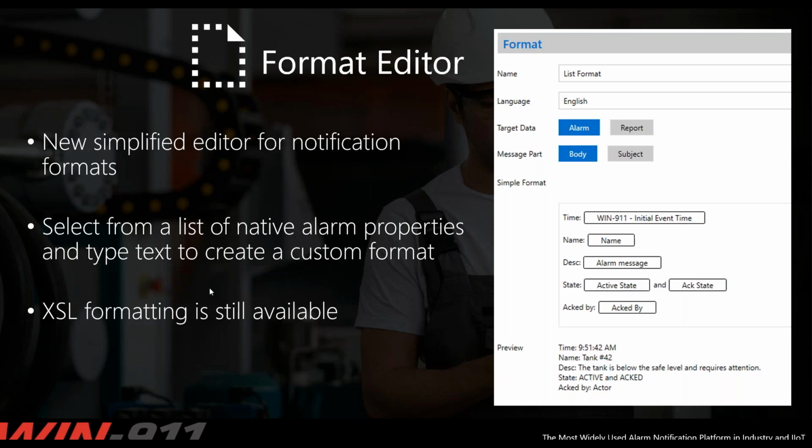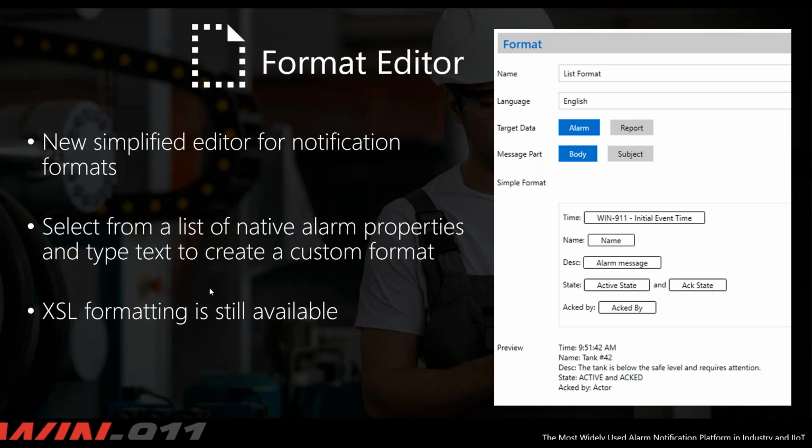As you can see on the right, where it says simple format, these have the native alarm properties, and this has the naming conventions used on different SCADA platforms, whether it's System Platform, Edge, or the InTouch HMI. A great example of this is on System Platform. You will see that an alarm might be referred to as an object or an attribute. So you'll see an object attribute in this, and then in InTouch, the alarm might be tagged. So they are specific to what SCADA you are using. Which is great. So it's all the terminology that you'd be used to.